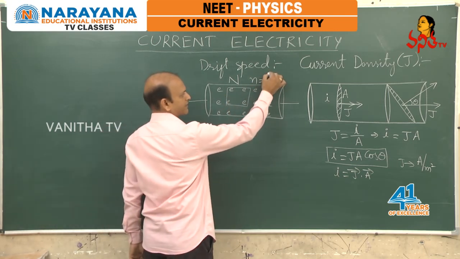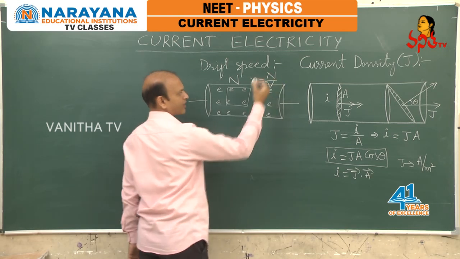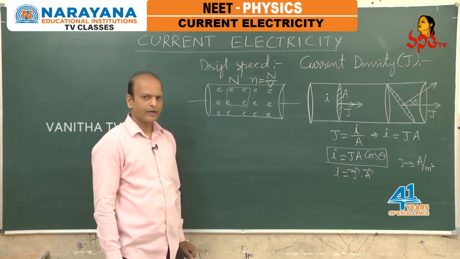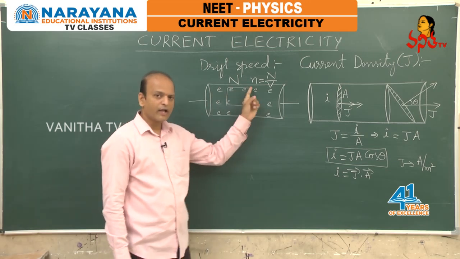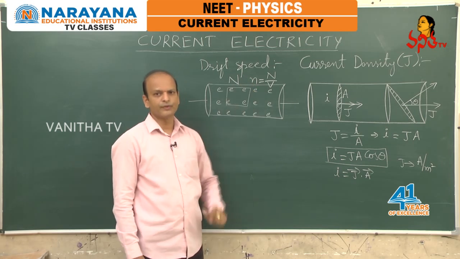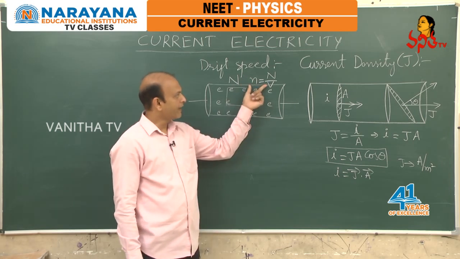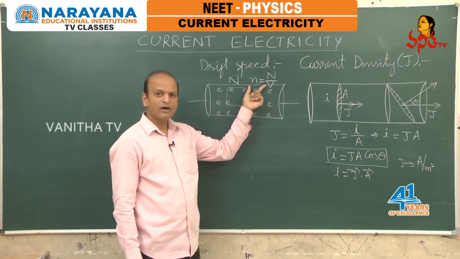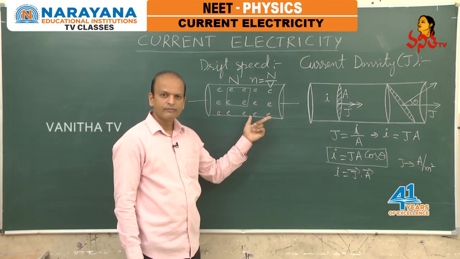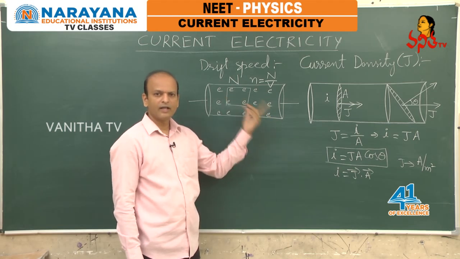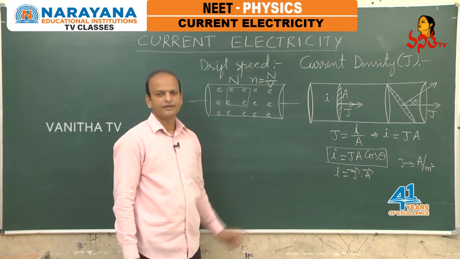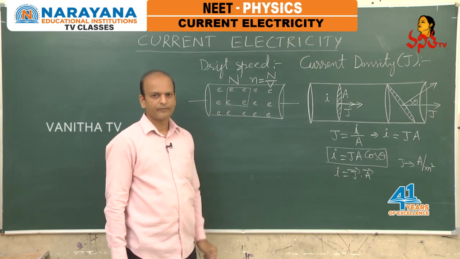Therefore, we can write small n as capital N by V, capital N by volume. This small n, number of free electrons, we call the electron density also. The electron density depends on the nature of the material. For aluminium, copper, silver, the number of electrons per unit volume will be different.